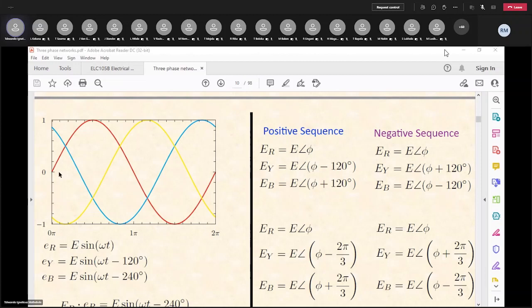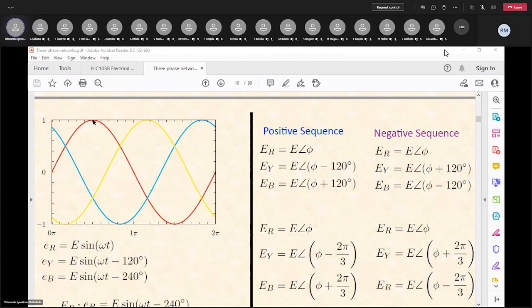So what are we saying? We are saying that actually the yellow phase lags the red phase by 120 degrees. We know that. So it would peak 120 degrees later. If you take the difference between where the red waveform and the yellow waveform peak, that difference would give you 120 degrees, noting that the yellow phase is delayed compared to the red phase.